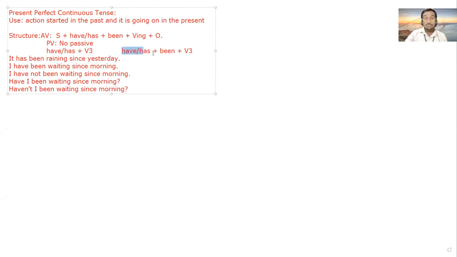If it is have has been v3, in that case it is also present perfect, but it is passive voice. This way you have to understand. Don't go only with have or only with has, but try to understand what is going to come after have and has, and accordingly choose that kind of verb form, that kind of tense, and that kind of voice.